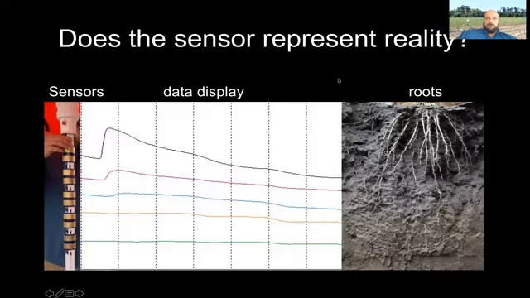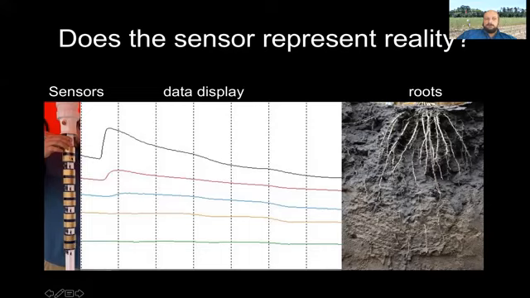First things first, I want to cover one of the first questions that I get about sensors: do they represent reality? So I kind of dive in here and show, on the left hand side of this slide, you can see on this probe where each one of these sensors is at 4, 8, 12, 16, and 20 inches.